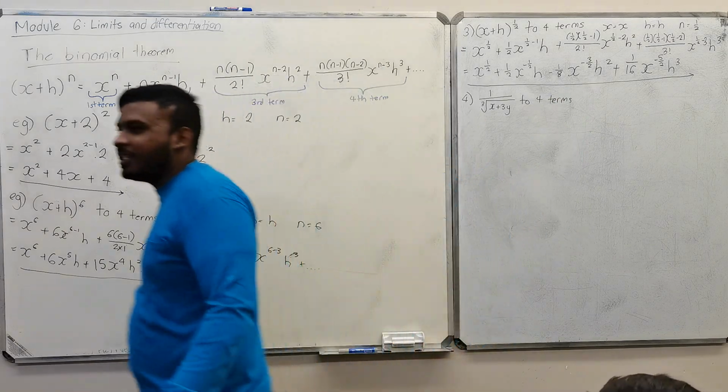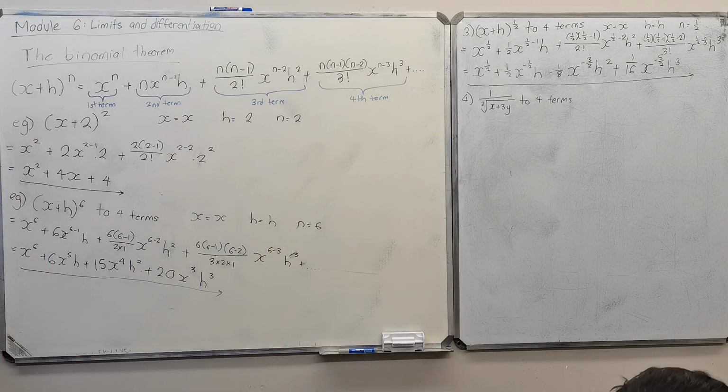Now, I'll tell you how to do this. So you've got x plus 3y, into 1 over the cube root of it.